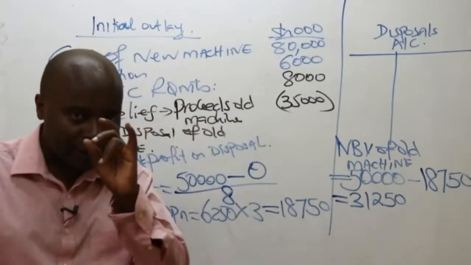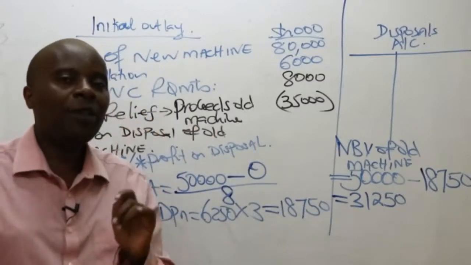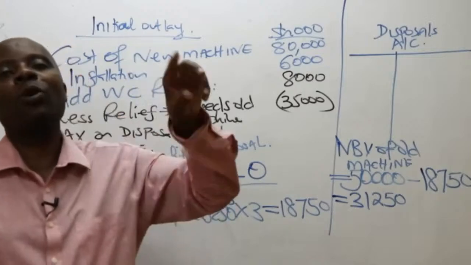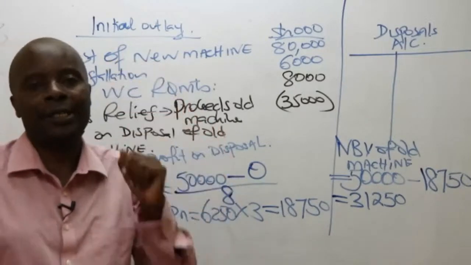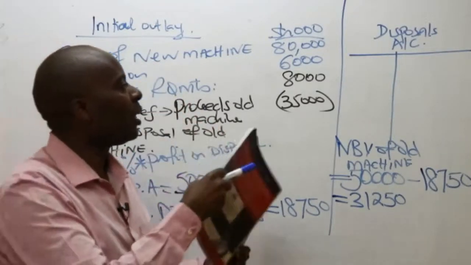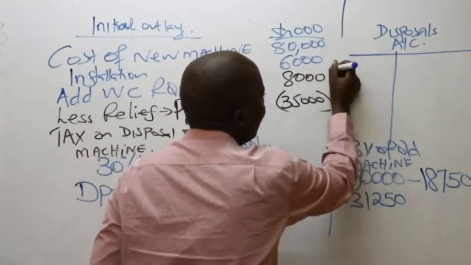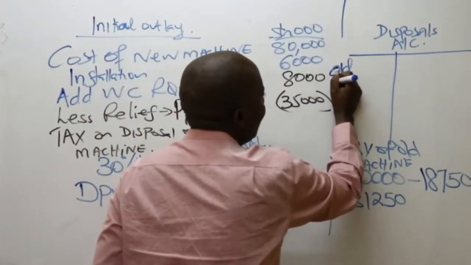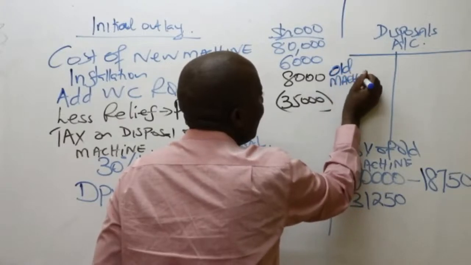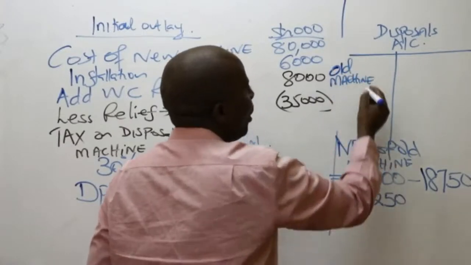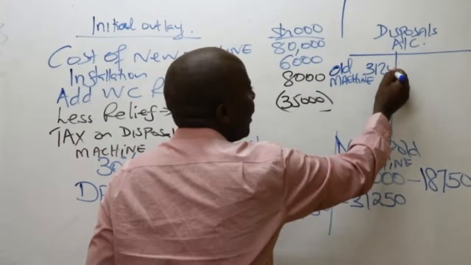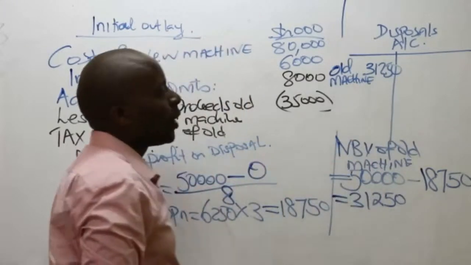And then the same figure will be taken to the disposals account and you debit. So on the debit side, we debit this account with the old machine at net book value of 31,250.